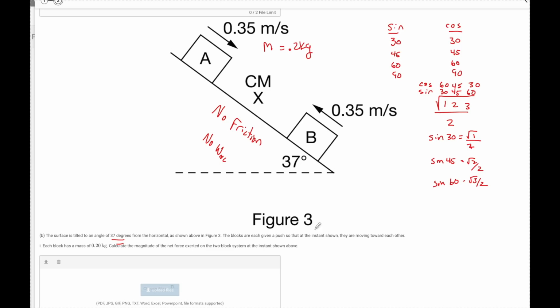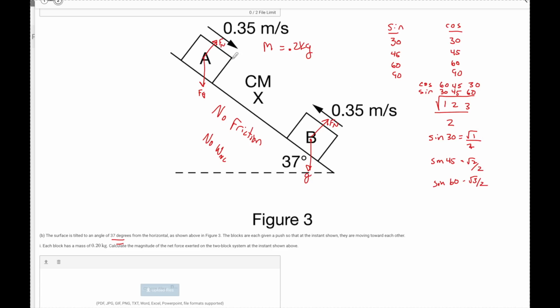When they say I gave it a little push up the incline, that force is not going to stay consistent. So when I look at this instant, the only things acting on these blocks are Fg and the force of the normal. Same for this block, Fg and the force of the normal. If I had to draw a free body diagram for each one of these blocks, they would be identical.